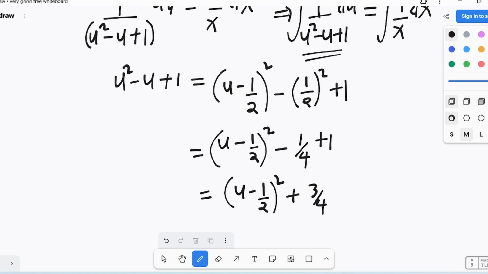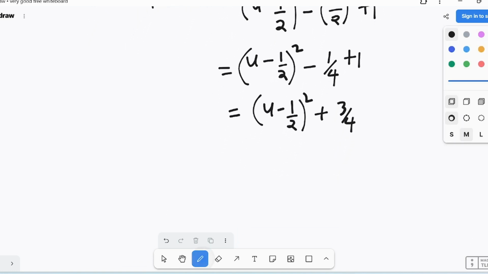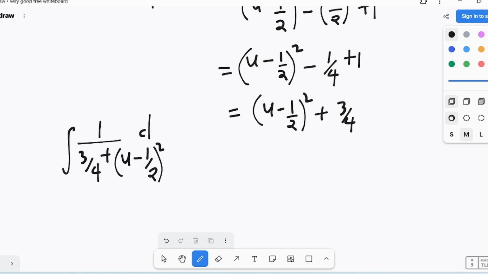Now after having that, we substitute it back. On substituting it back, we shall have the integral of 1 out of 3 out of 4 plus (u minus half) squared du is equal to the integral of 1 out of x dx.